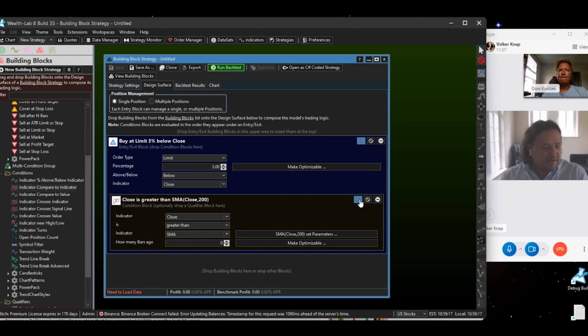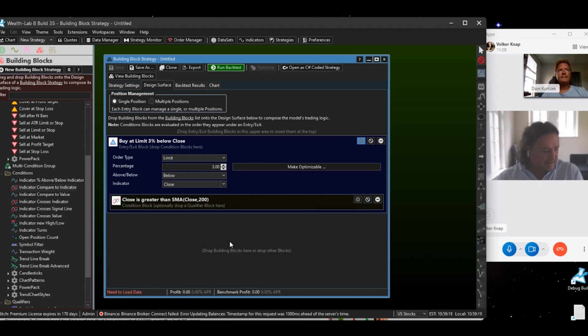Yeah, and here comes the next thing. The close has to be below the Bollinger Band, the 20-day Bollinger Band with a standard deviation of 2.5. Okay, so that sounds like another indicator compared to indicator.